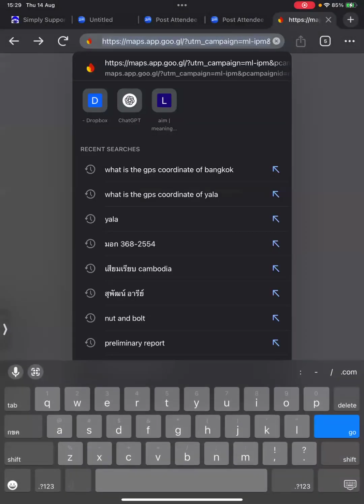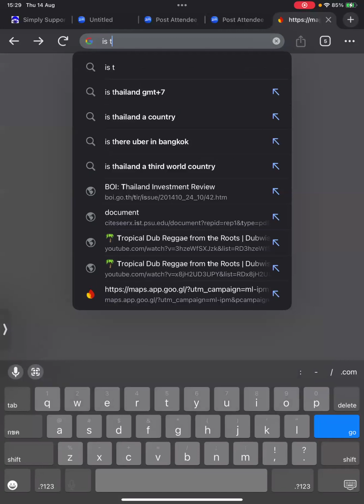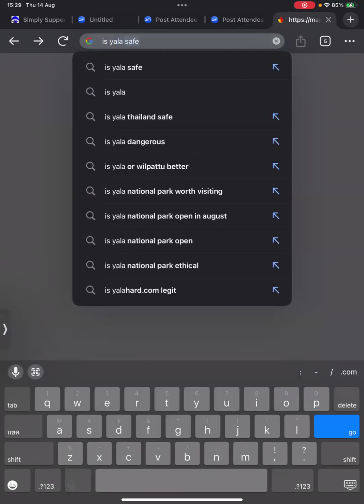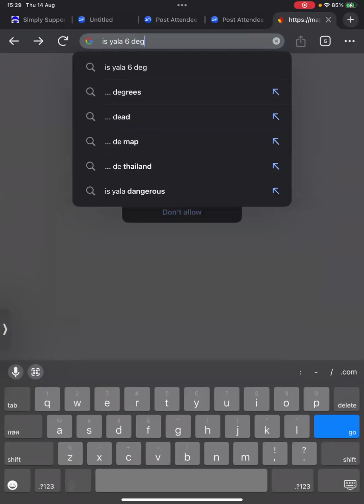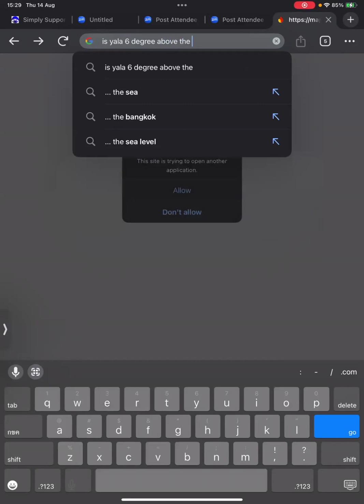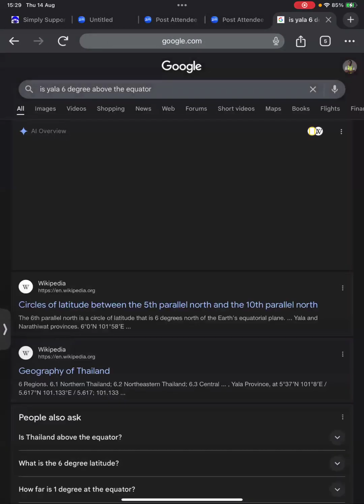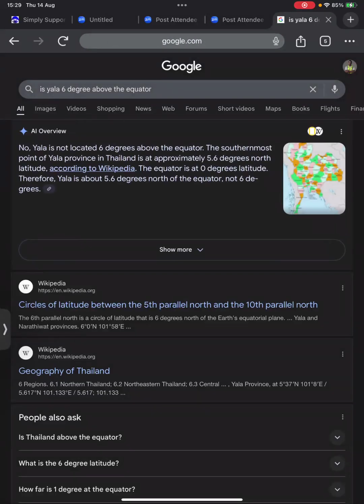We can ask ChatGPT just to double check. Is Yala 6 degrees above the equator? 5.6 north of the equator.